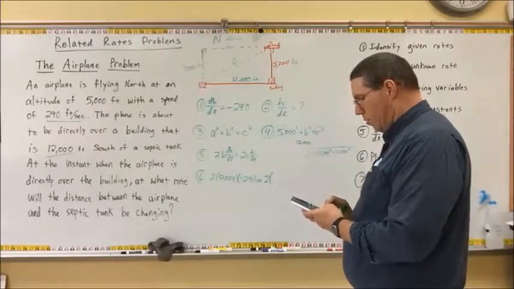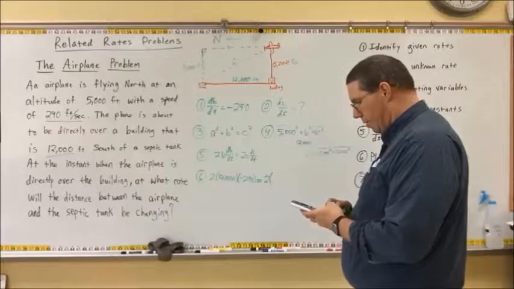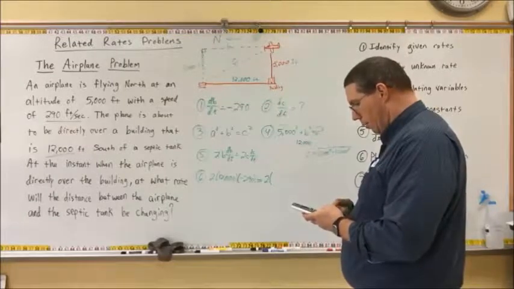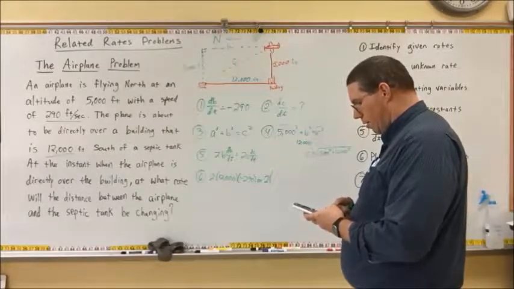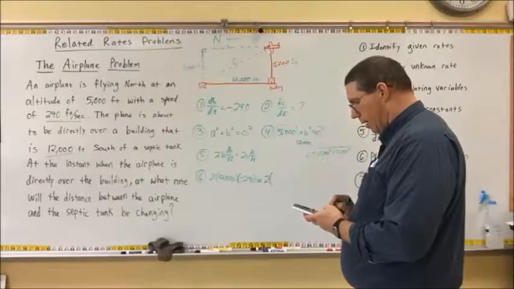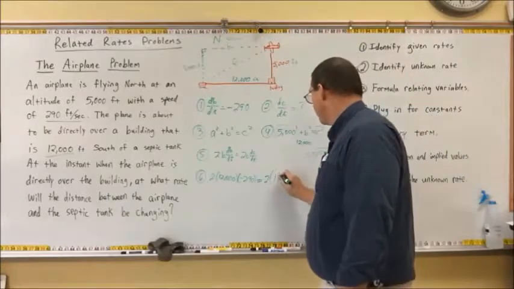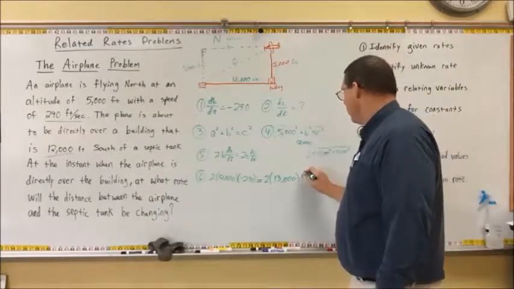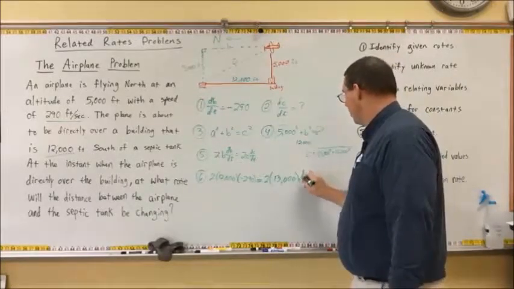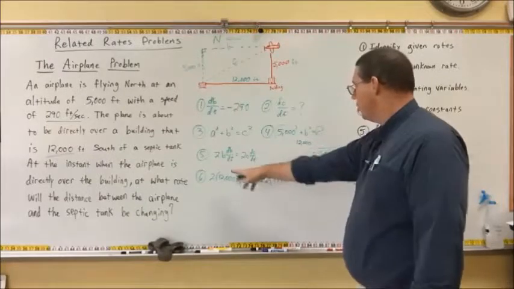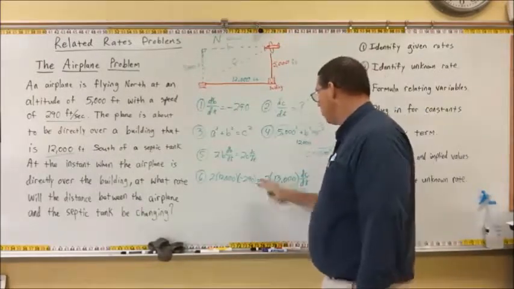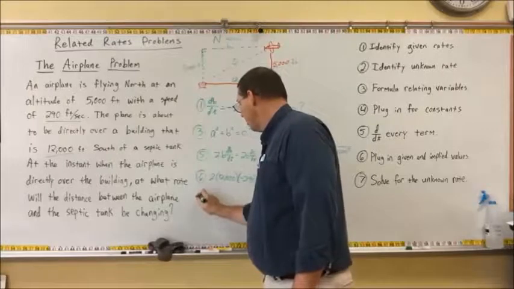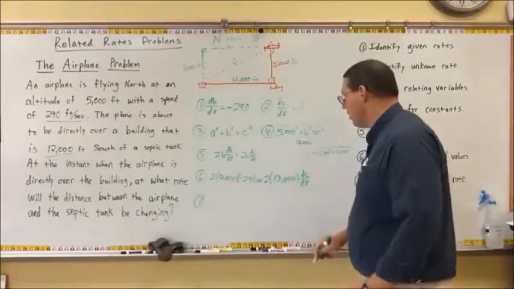I'm going to key in the square root of 5,000 squared plus 12,000 squared, and I get 13,000. So I'm going to put 13,000 in for C, and then dc/dt. Okay? Now I'm just going to do a bunch of algebra, arithmetic, calculations, and solve for dc/dt.